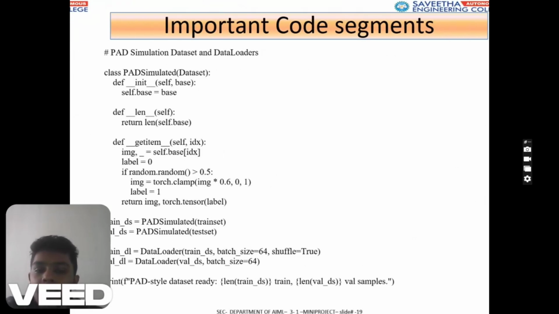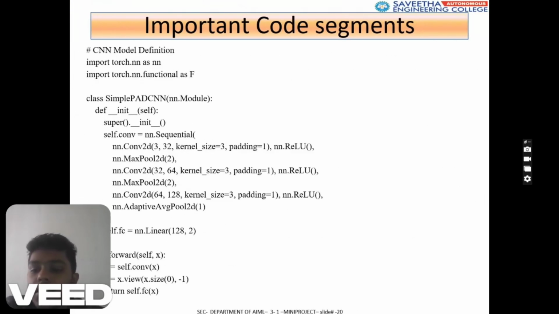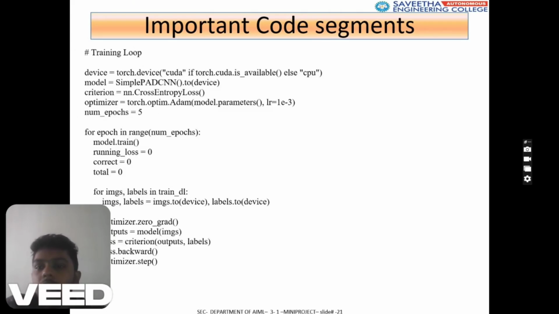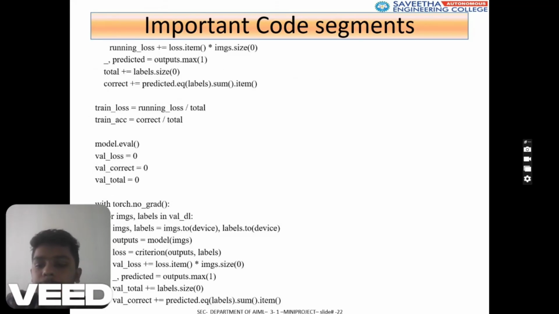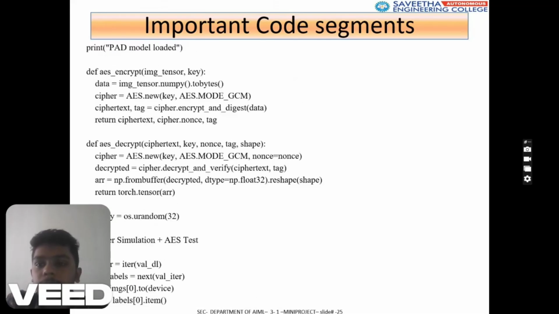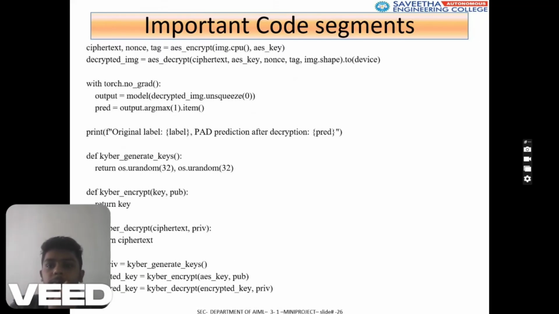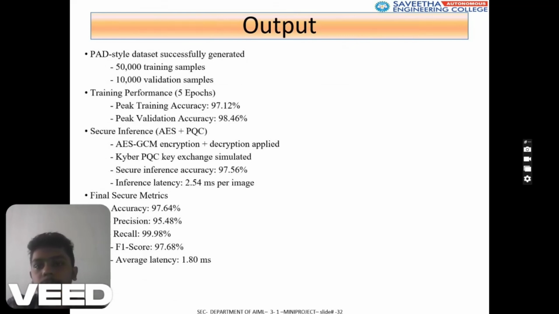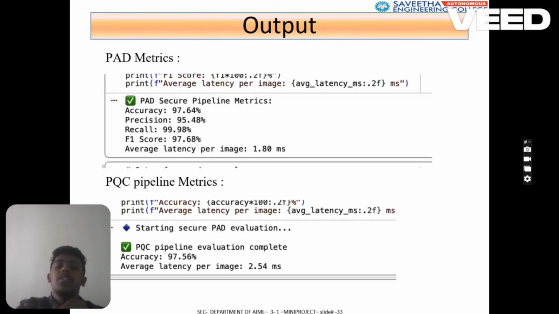So this is our code, a basic ML model, the PAD model, where we use convolutional neural networks and max pooling. We also use the cross entropy loss and the Adam optimizer. So this was our output.